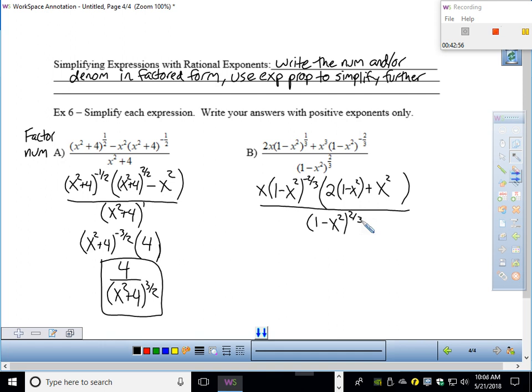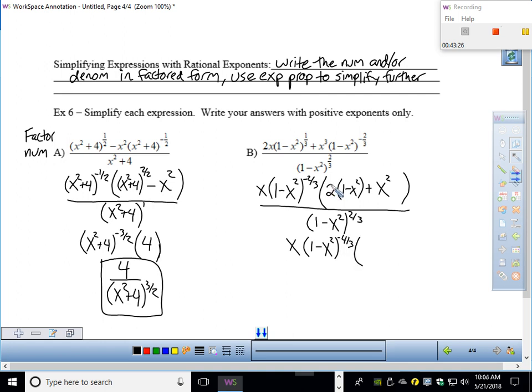Can I divide these powers with the same base? You bet I can, because now everything is just products. It's just product and quotient. So let's go ahead and apply. So the x is fine where it is. When I divide these two powers with the same base, I subtract the exponents, and I get 1 minus x squared to the negative 4/3.